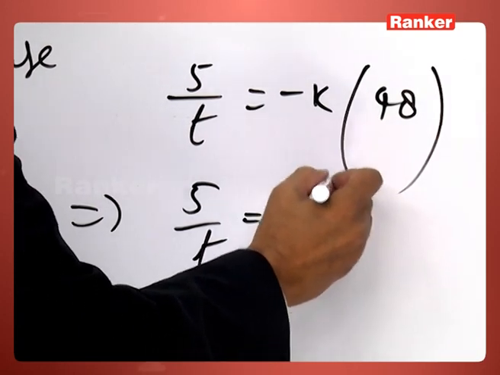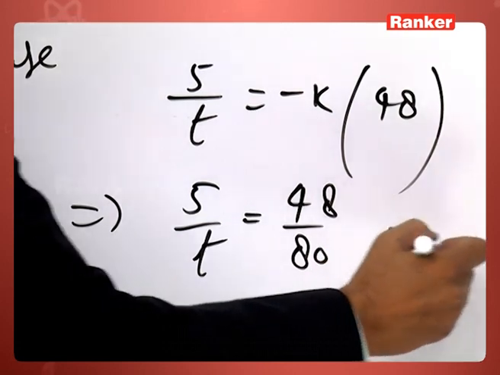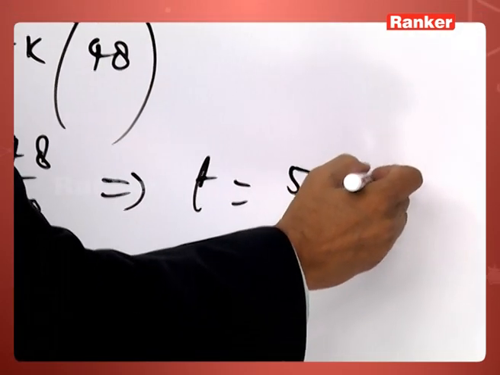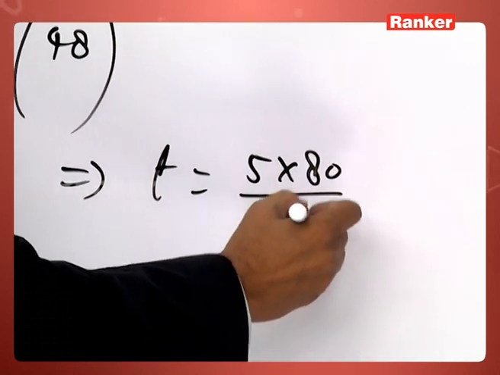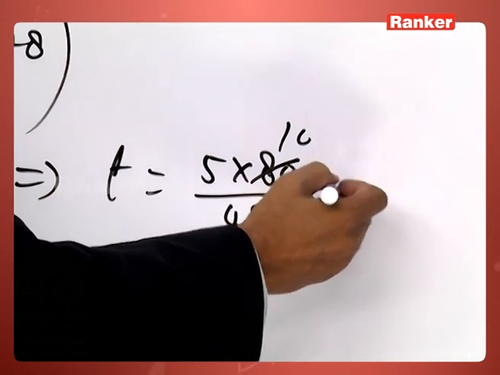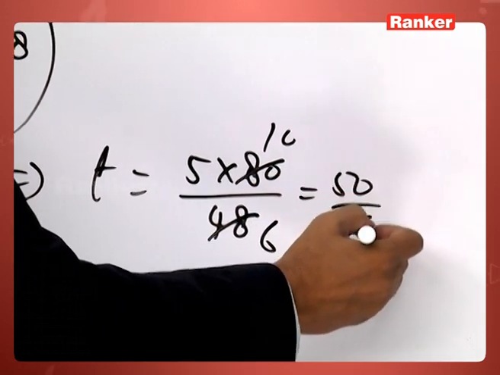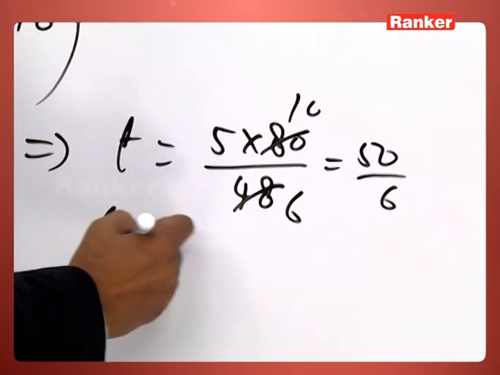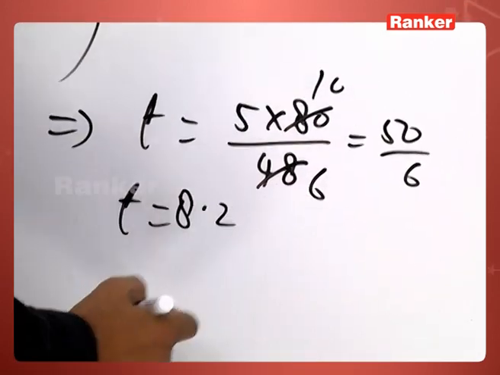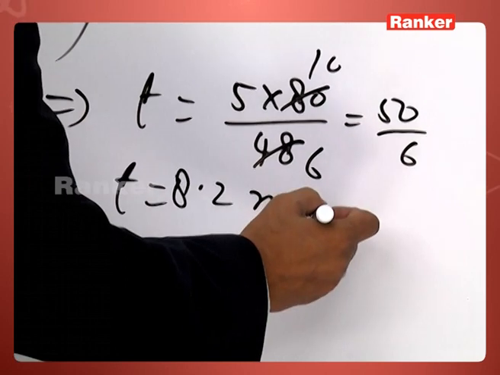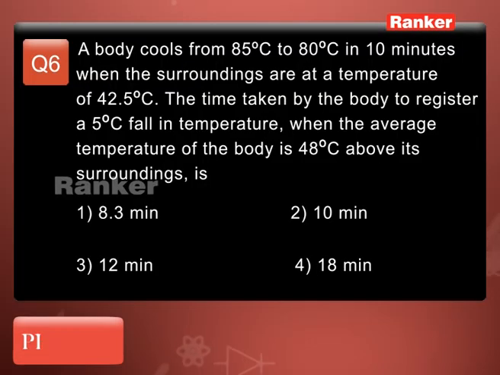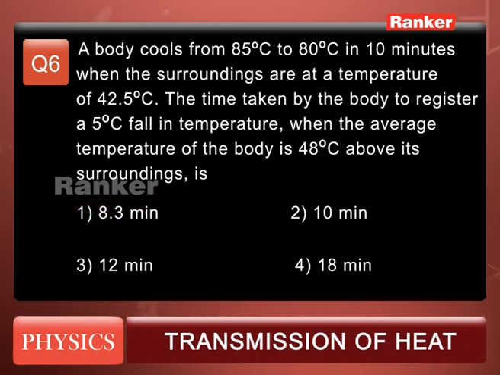So t will be 5 into 80 by 48, that is 50 by 6. So t is 8.2 minute around. So 8.2 minute is the correct option. So option number 1 is the correct answer.